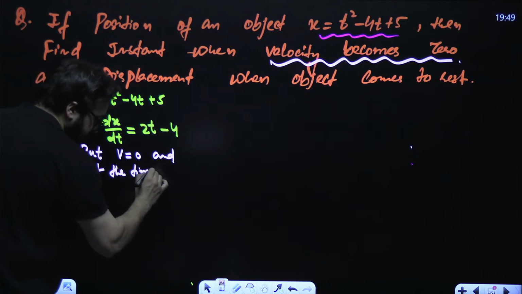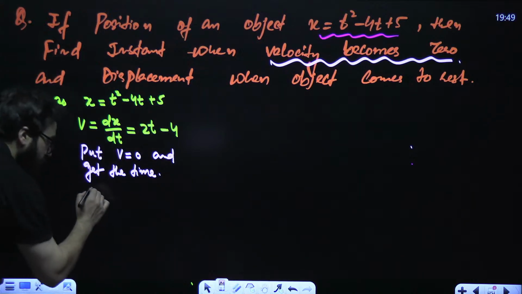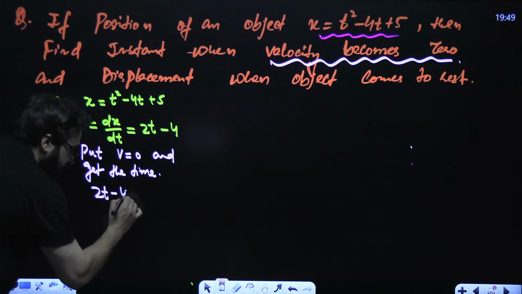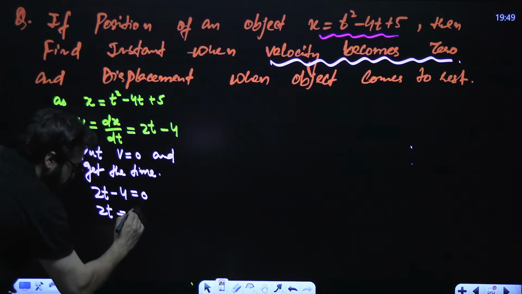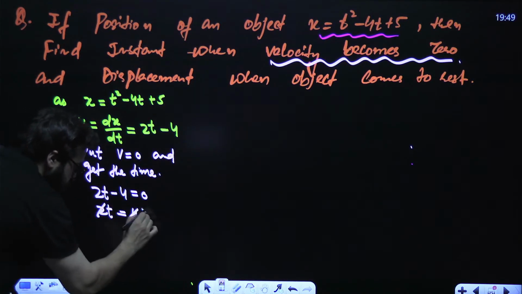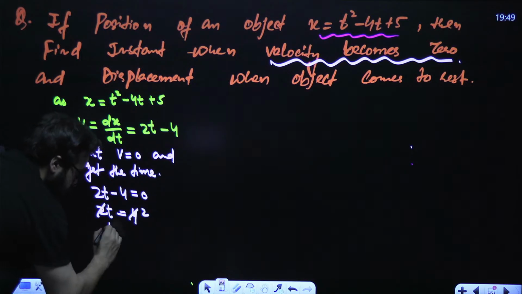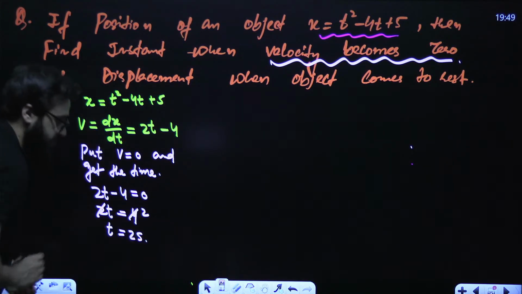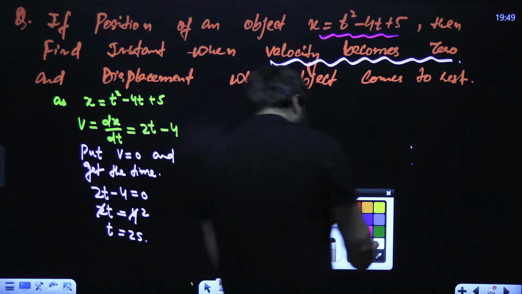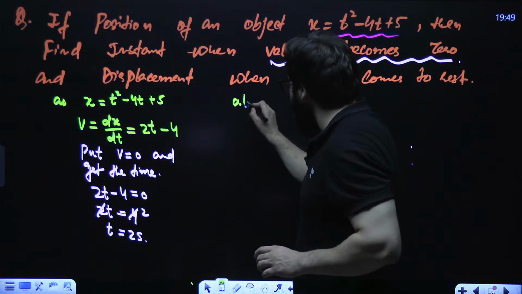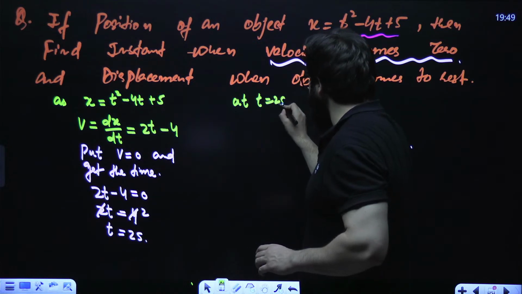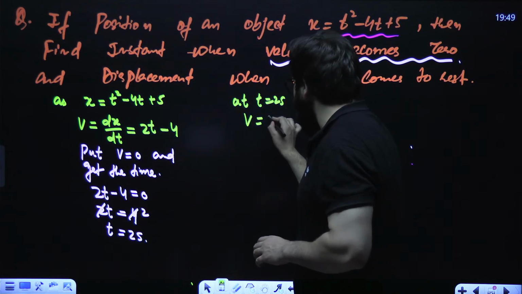That is 2t − 4 = 0. So 2t = 4, and t will be equal to 2 seconds. So at t = 2 seconds, the velocity of the object is 0.